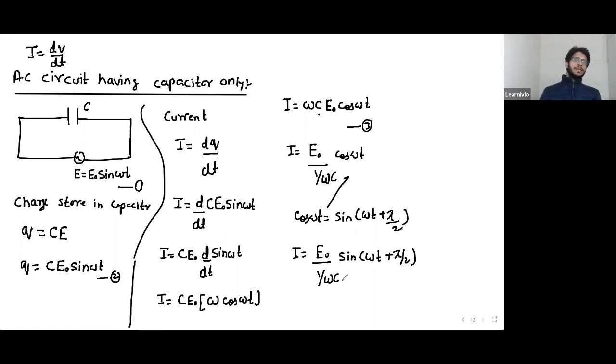Okay, Afroza, just tell me, in this equation, what is I naught? Alright, great. This E naught by 1 by omega C is I naught. Yes, I naught is E naught by 1 by omega C. Now, just like inductive reactance, we will define this term as capacitive reactance.